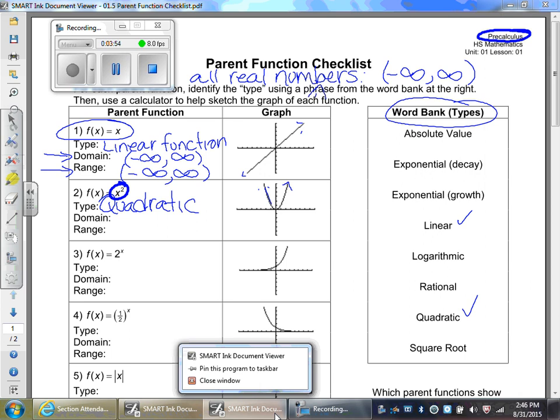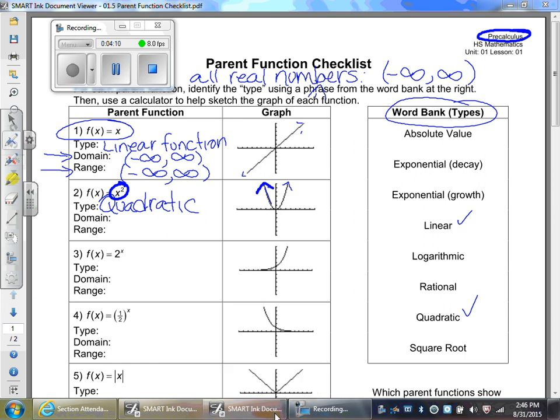Could you square any number? How about 100? Could you square 100? Yes. How about 9,000? Yes. So the domain becomes pretty large, right? And it could also be pretty small. So again, we're going to use all real numbers. And we will use the interval notation that we have here, so from negative infinity to positive infinity.